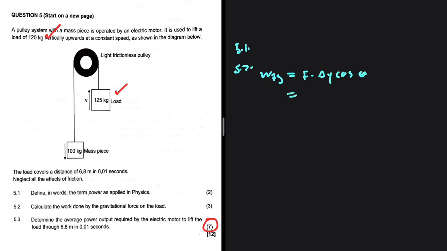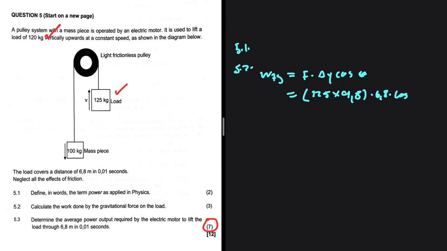So let's go ahead and substitute. Fg is equal to the mass. Let's take 125 multiplied by the gravity, which is 9.8. Delta y, it covers a distance of 6.8 meters. So we have 6.8 multiplied by cos of theta.